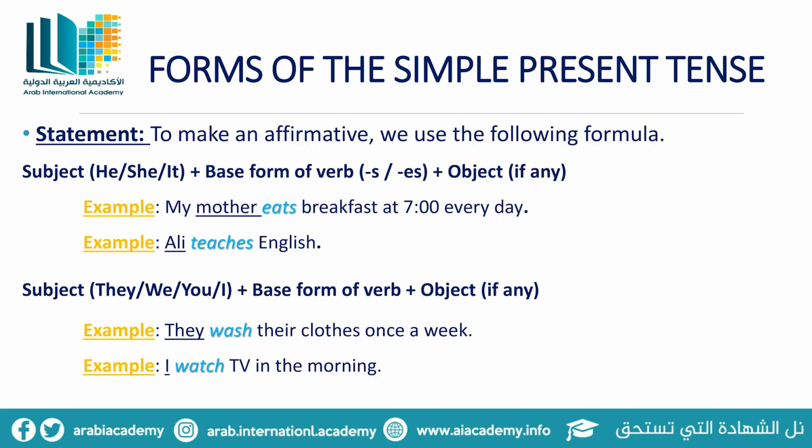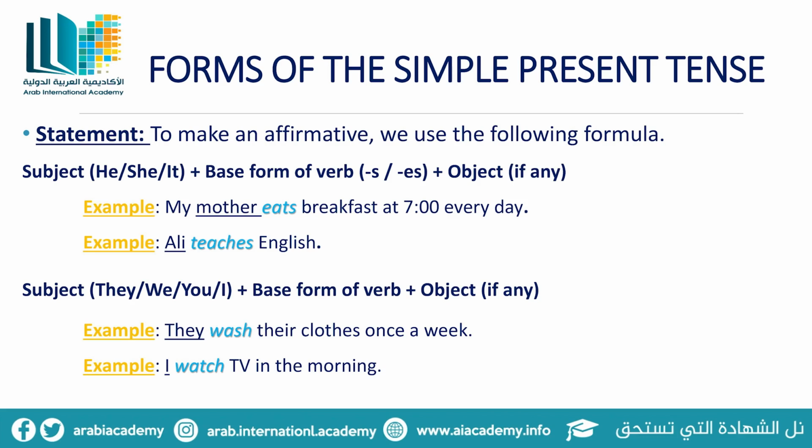Forms of the simple present tense. I'll start talking about the statements, how to make an affirmative or a positive statement using the simple present tense. So in order to make an affirmative sentence or a positive statement, we use the following formula.